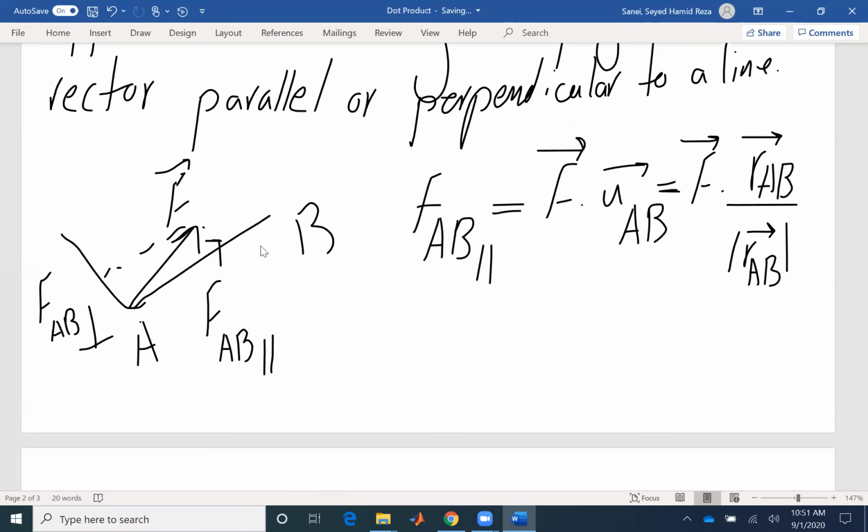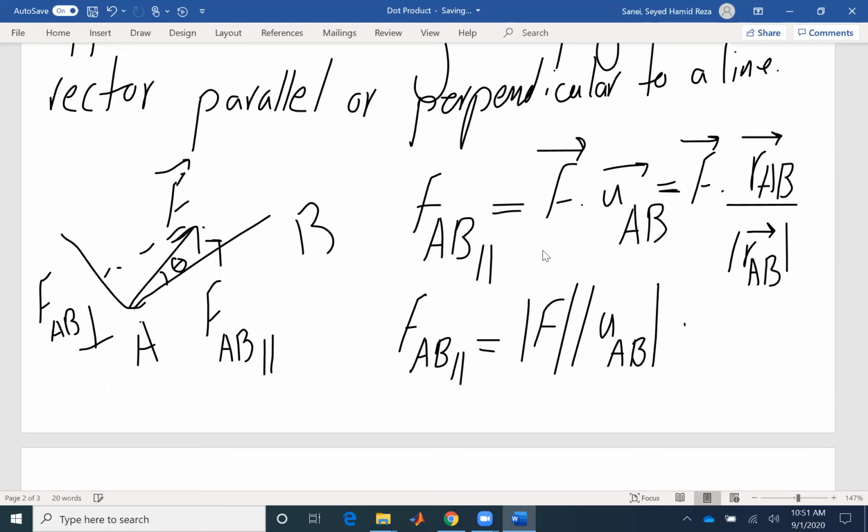You might say that, okay, previously we used F cosine theta to find a projection. This is saying the same thing. The other definition of dot product was, if I want to write the dot product definition here, F dot U AB means the magnitude of F times the magnitude of U AB times the cosine of the angle between.